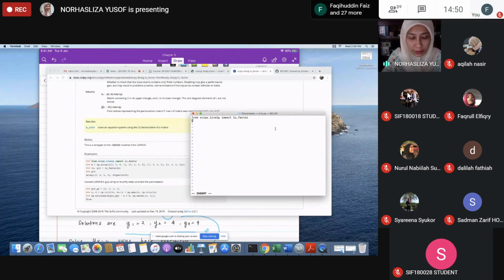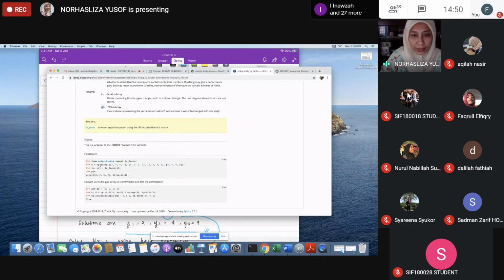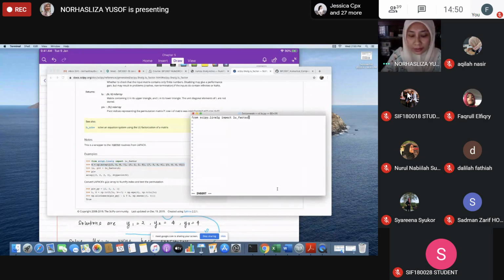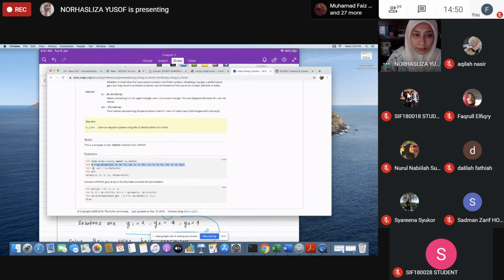Then, if you want to make it easier, you can just copy and paste. It's the same thing. But do not copy the arrows here. This arrow is for the interactive Python.